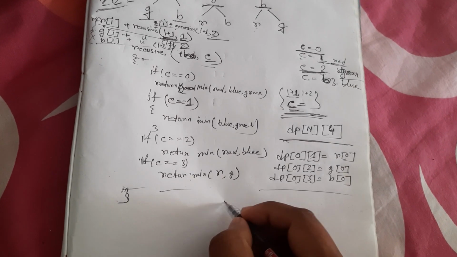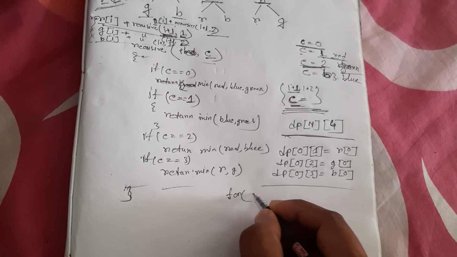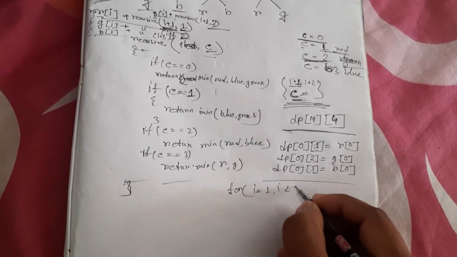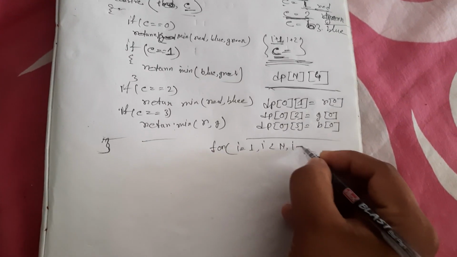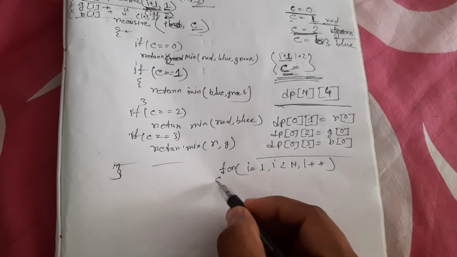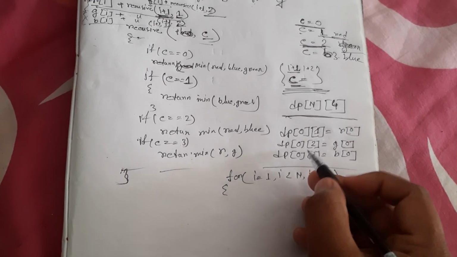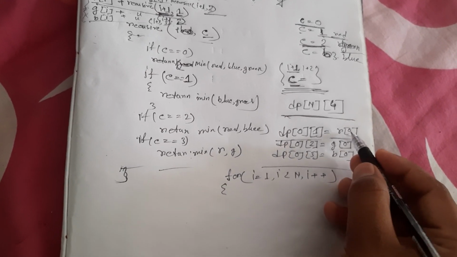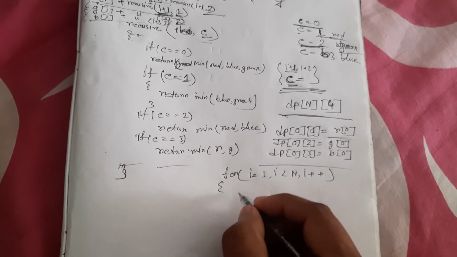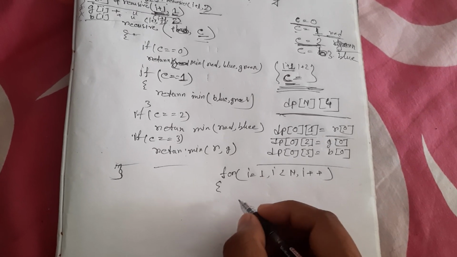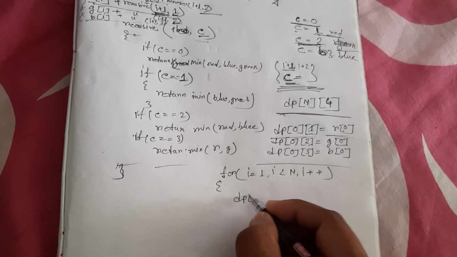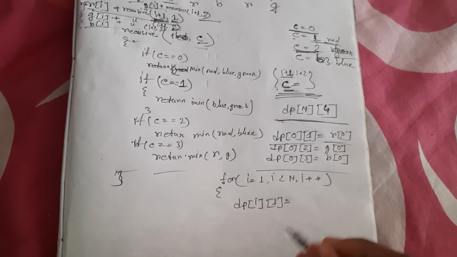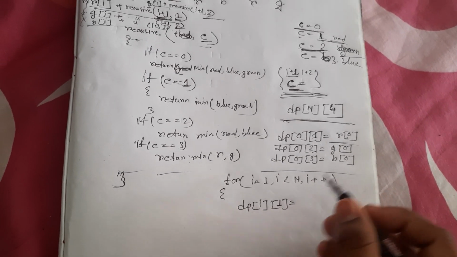Now you need to write a for loop for I equal to 1 to n, I plus plus. Here you can see this is the changing variable, I, and the corresponding values. If you write DP of I, 1, that means we are choosing red.